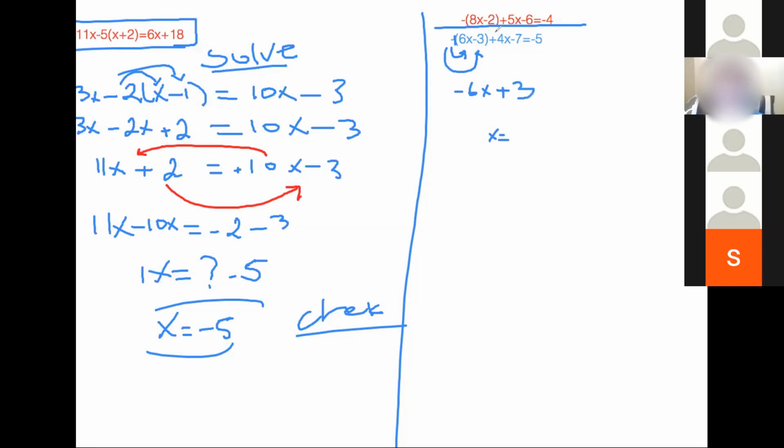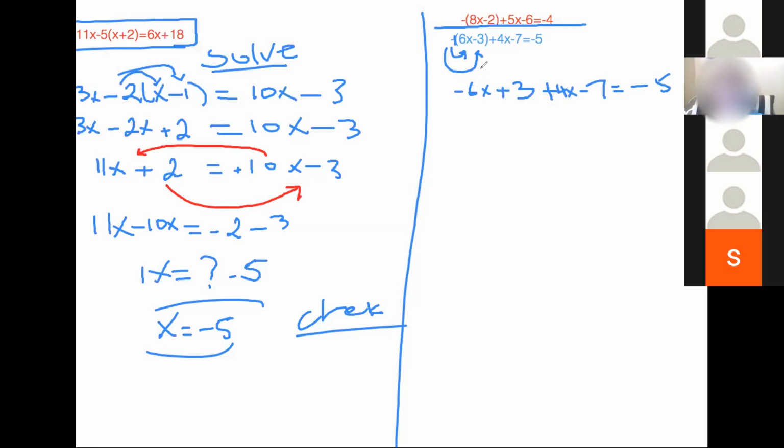These, you're going to bring them down. They're not inside parentheses, so you don't multiply them. They stay the same, +4x and -7. Okay, what do you do after you distribute? You have to add like the x's. That's right. We combine like terms.